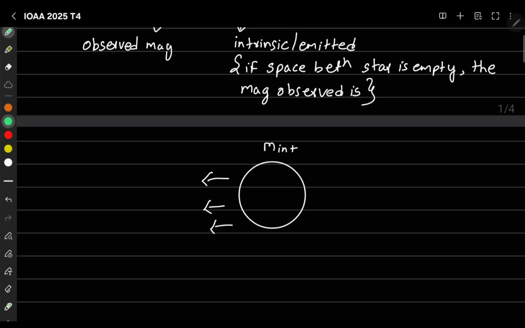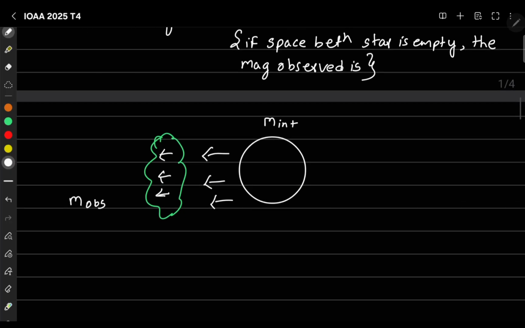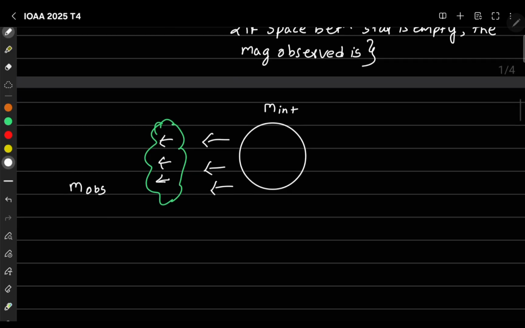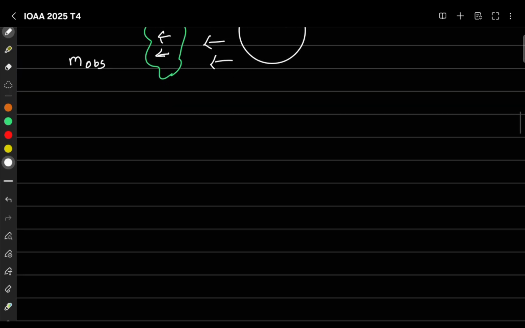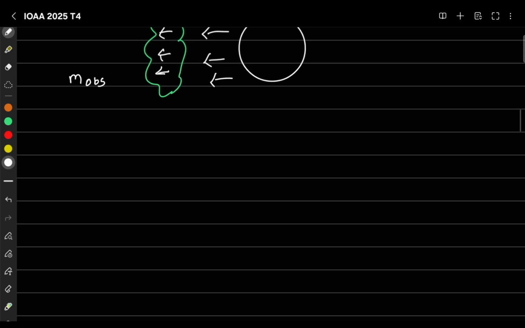If there is any ISM or dust, the light passes through it, gets scattered or absorbed, and I observe something called m observed. The factor that is occurring is called extinction. So I guess extinction is clear.